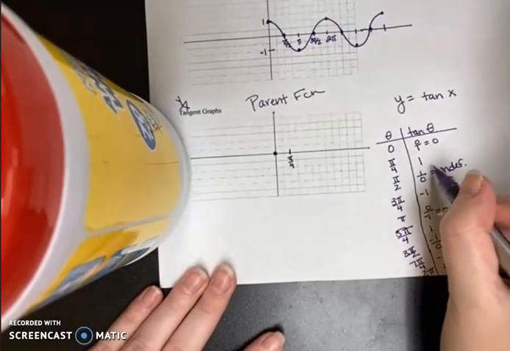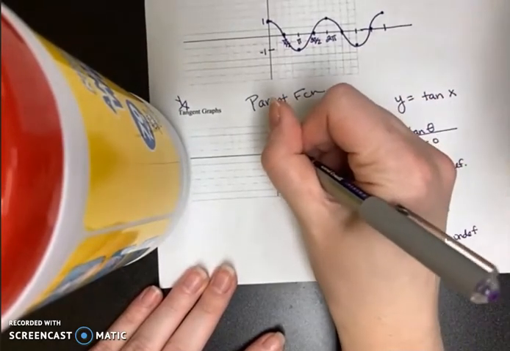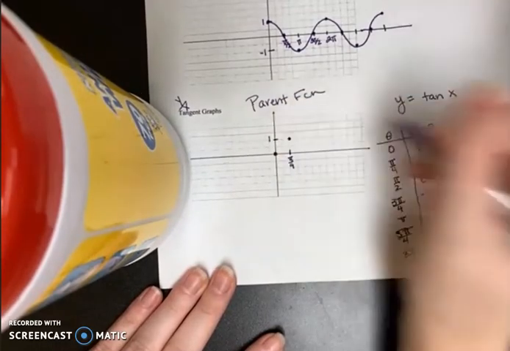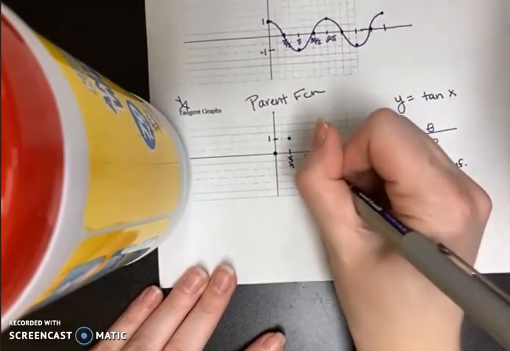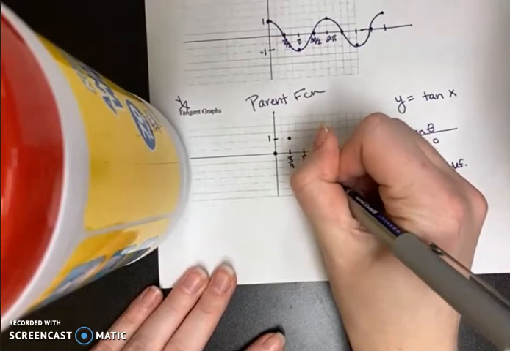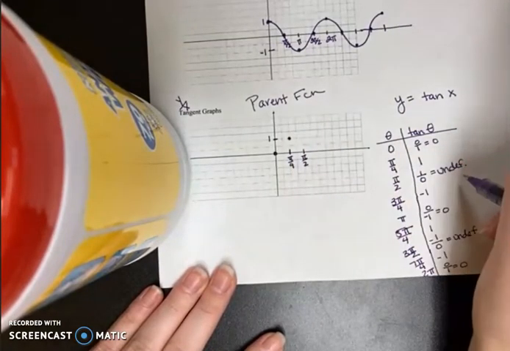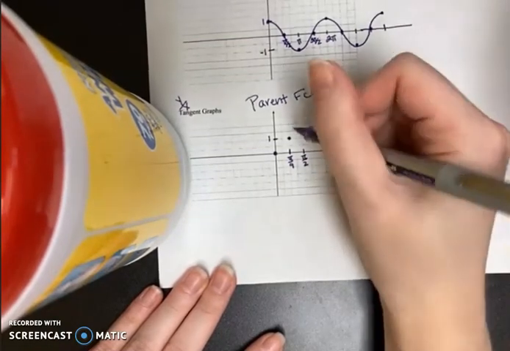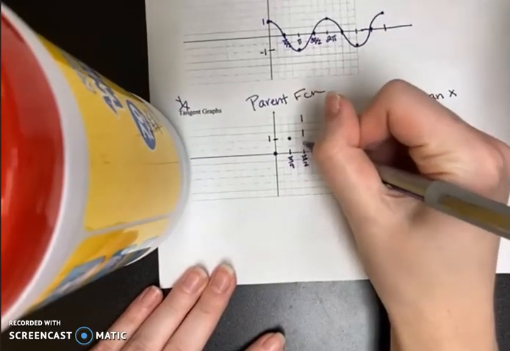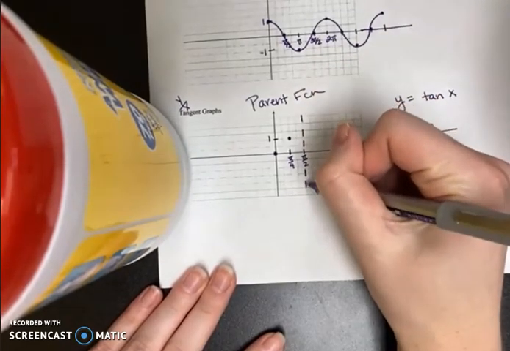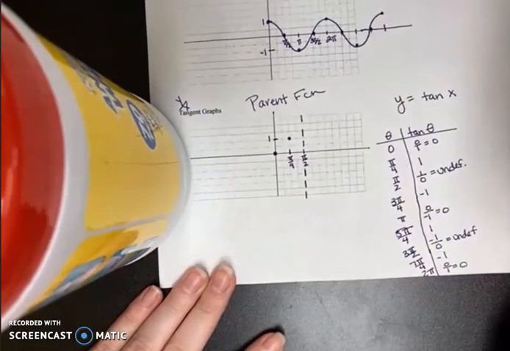So pi over 4 would have a y value of 1. Pi over 2 is undefined. So that means the tangent will never ever have a value of y at pi over 2. So we would put an asymptote there.